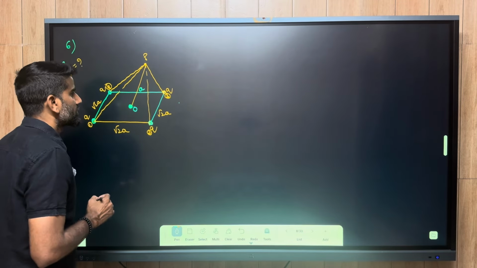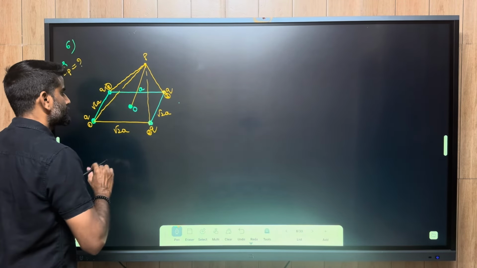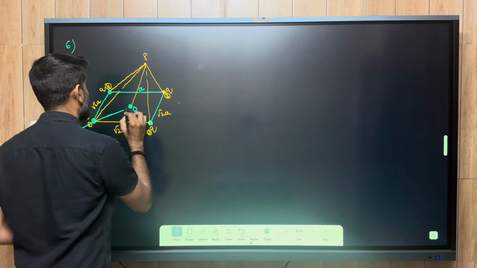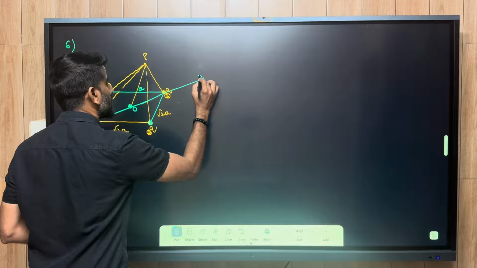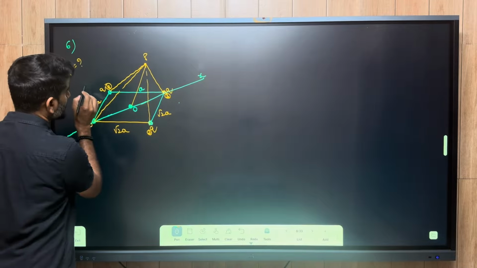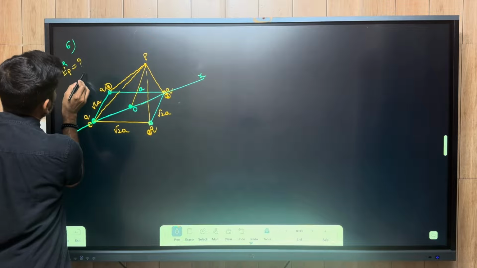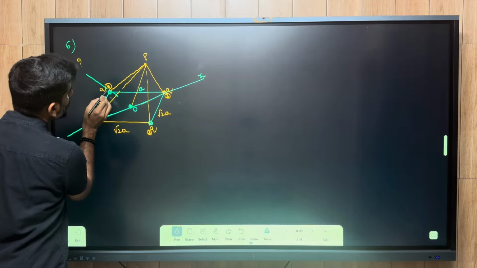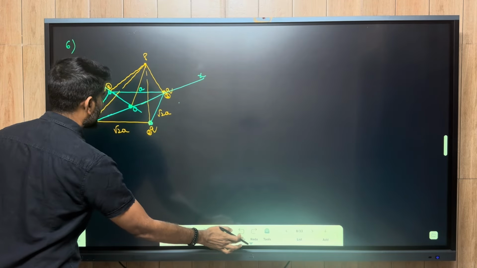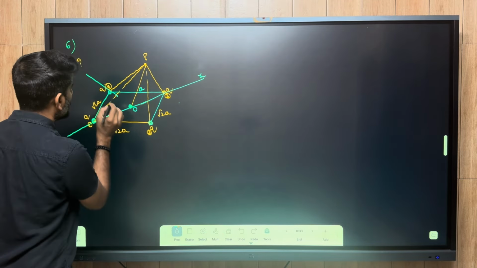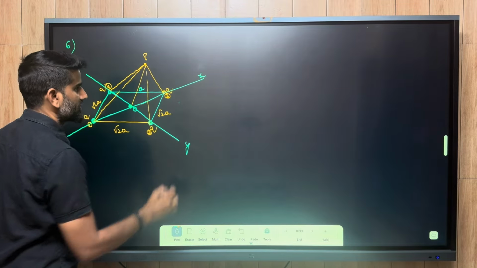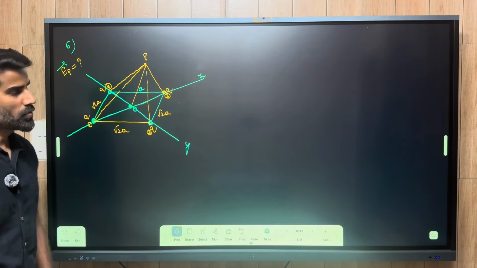I am going to define the x and y axes something like this: this is the x axis and this is the y axis.